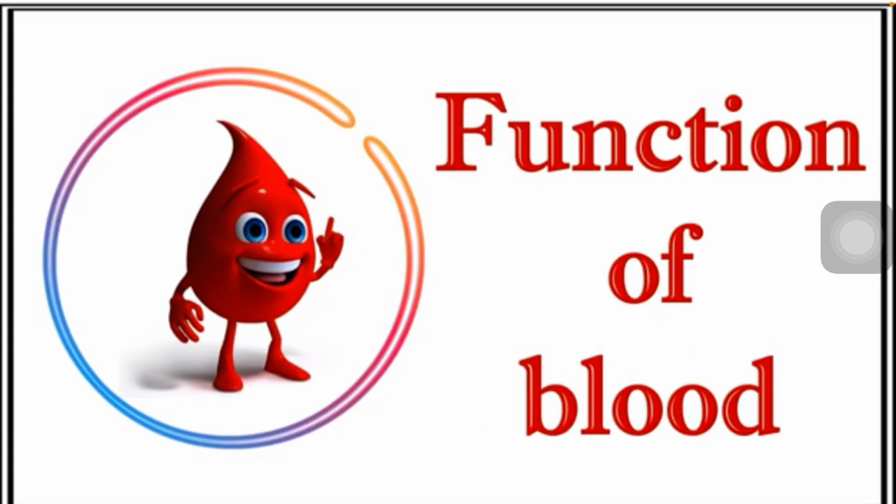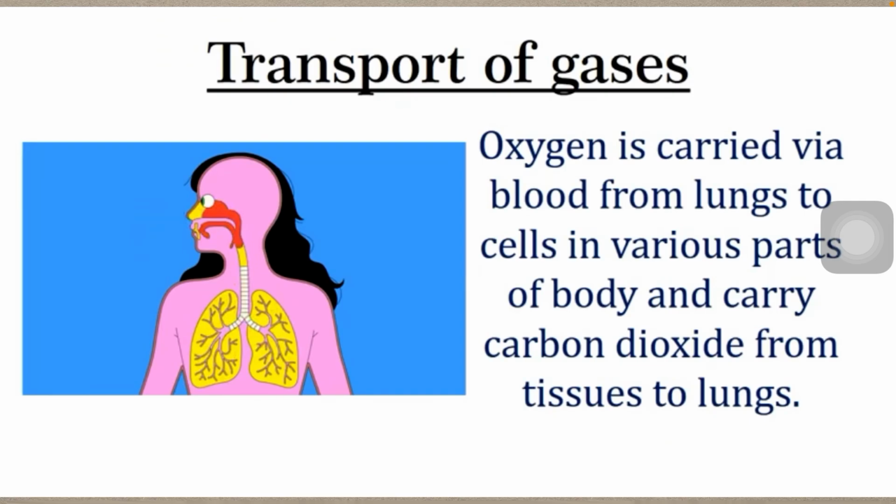Now we will be discussing the functions of blood. First function is transport of gases. Oxygen is carried through blood from lungs to cells in various parts of the body, and carbon dioxide from tissues to lungs, and afterwards carbon dioxide is thrown out of the body.